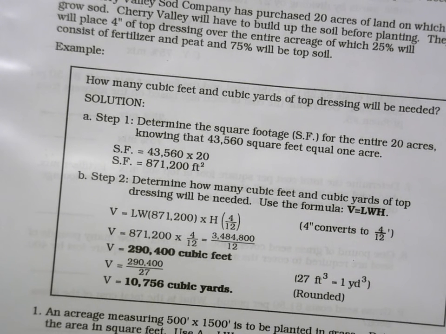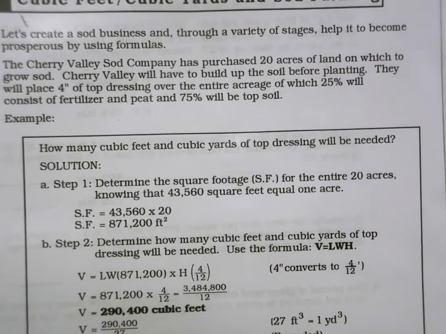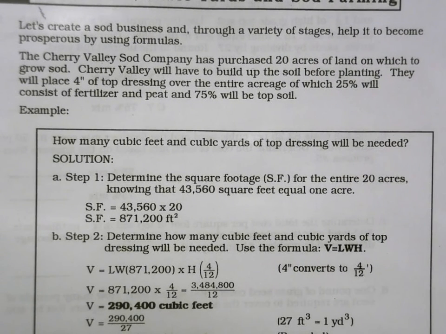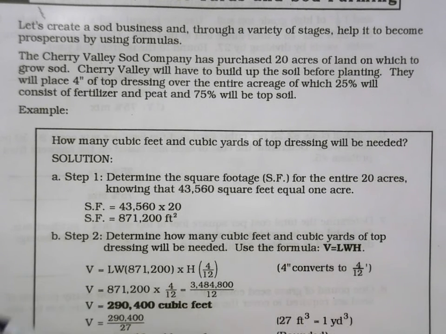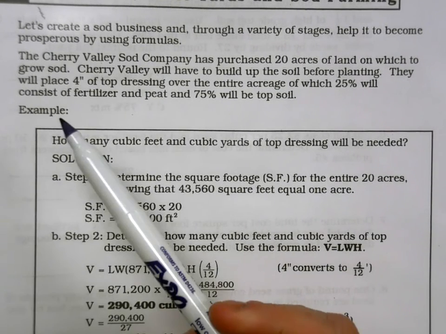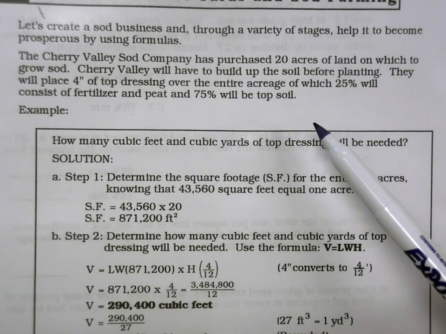So today we're going to be using the volume formula still, but we're dealing specifically with property or planting and soil type stuff. We've created a sod business, and we're going to use different formulas to help us know what we need.